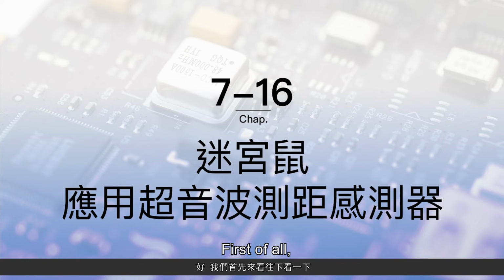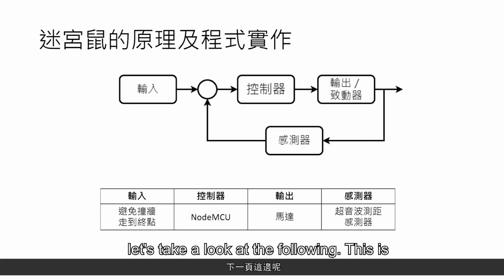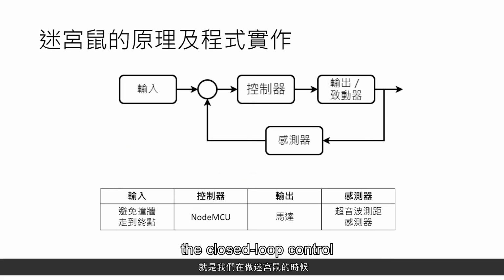First of all, let's take a look at the following. This is the closed loop control used for a maze walkthrough. As input, we'll move along the wall at a fixed distance.